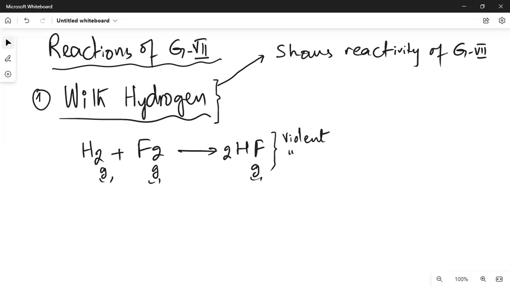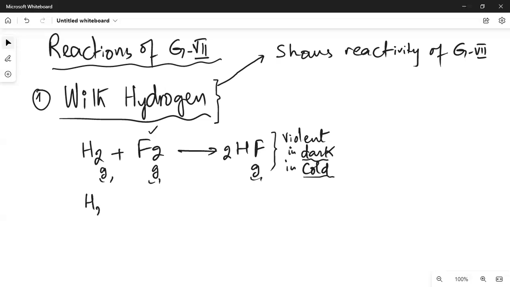Even in dark or in cold. Now we know group 7 elements get triggered by light, UV light say. Lekin fluorine, because it's most reactive non-metal, it reacts violently with hydrogen, even if we keep it in dark and in cold. So this shows how reactive fluorine is.